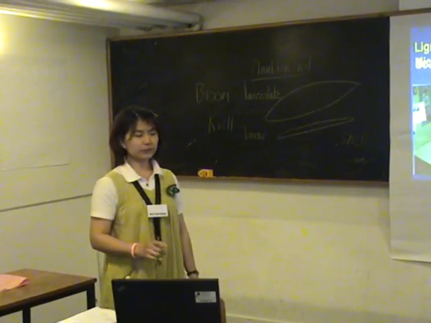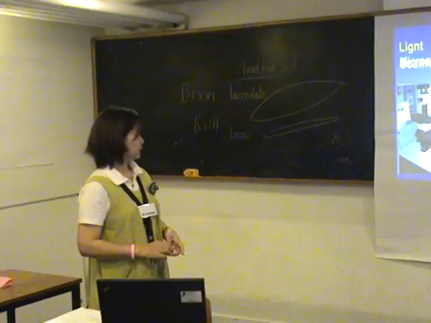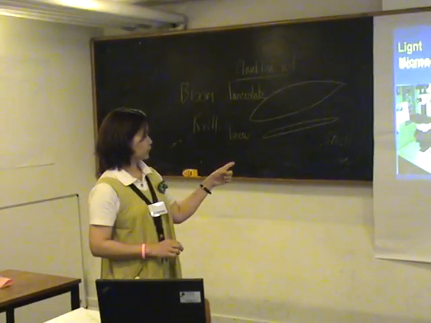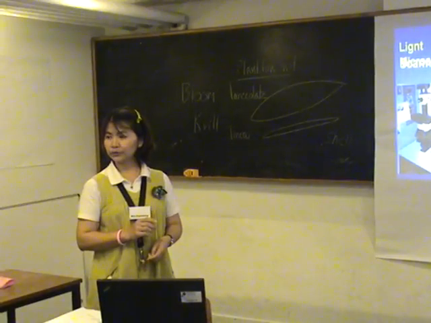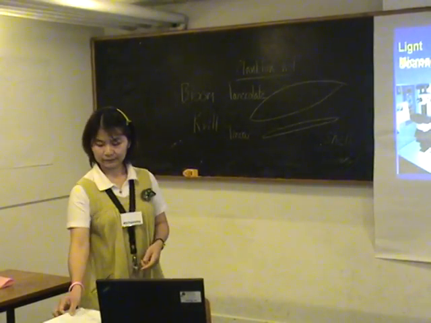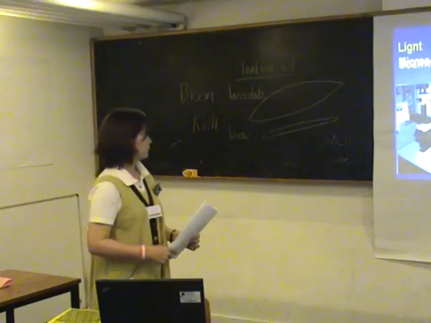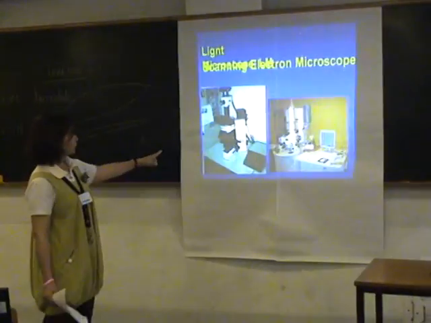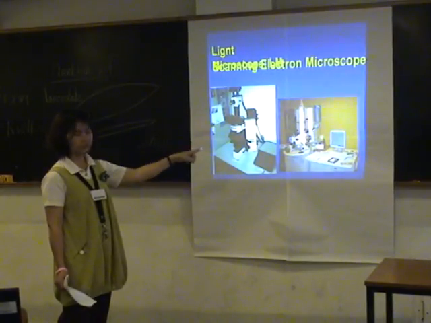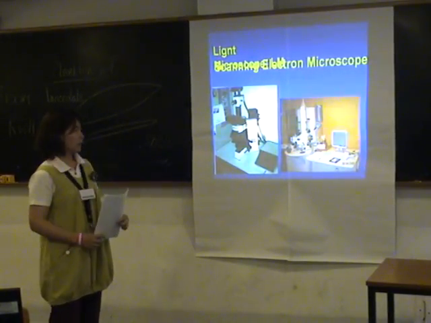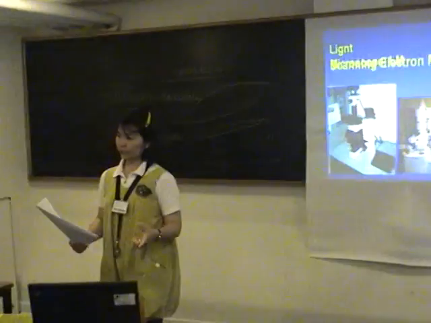This is the instrument we use to study, the light microscope, and that one is the scanning electron microscope. Some structures we see from this one, and some structures we cannot find and have to find from that one, so we use both of them to study.